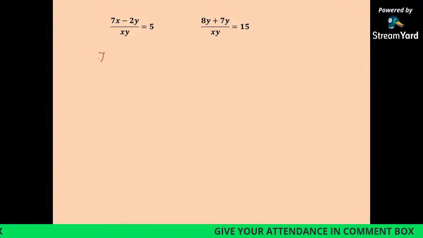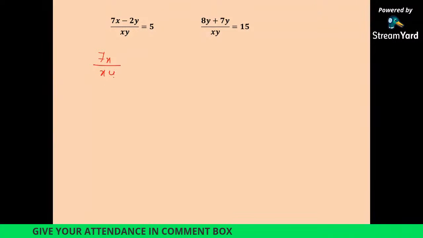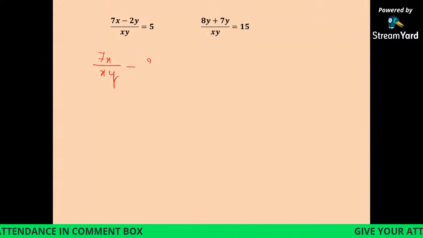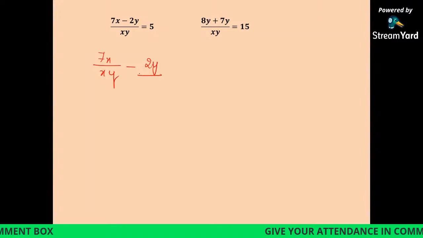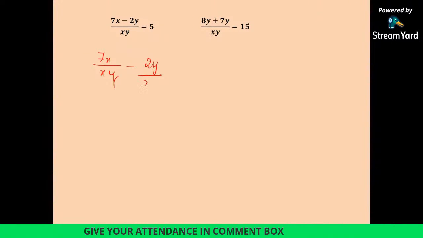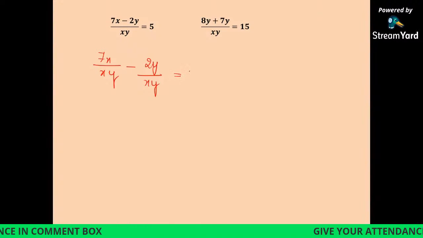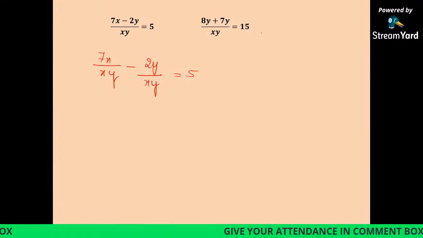See, 7x. To make it easier, I am going to write the split form of this equation. 7x divided by xy minus 2y divided by xy is equal to 5. This is one part.